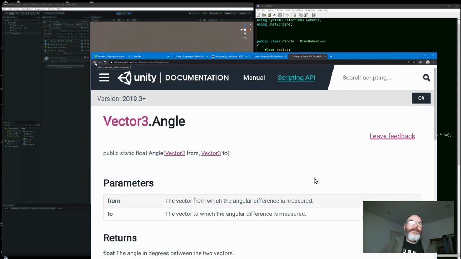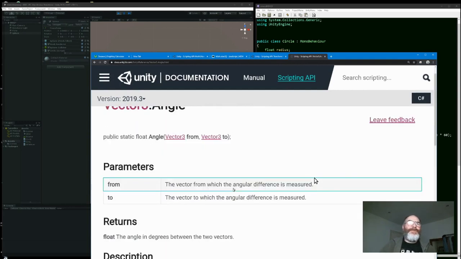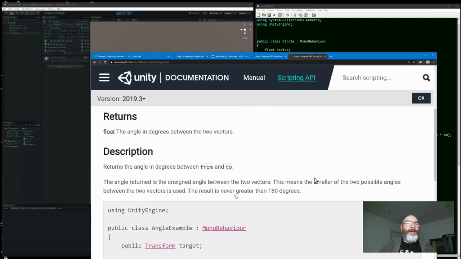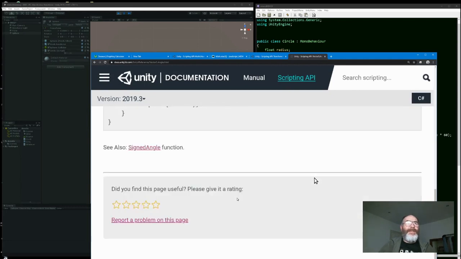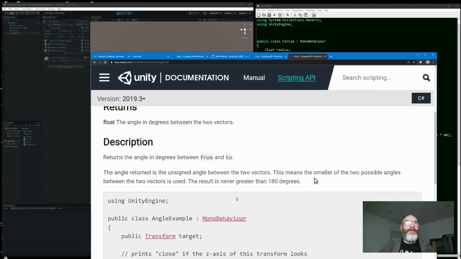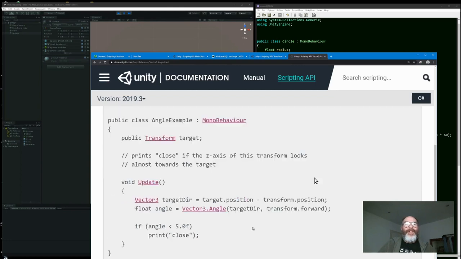And as a result, it's going to always return the shortest of the two angles. I don't want that, do I? Is it ever going to be negative? The result is never greater than 180 degrees. But that means, are they ever negative? No, it doesn't say that.